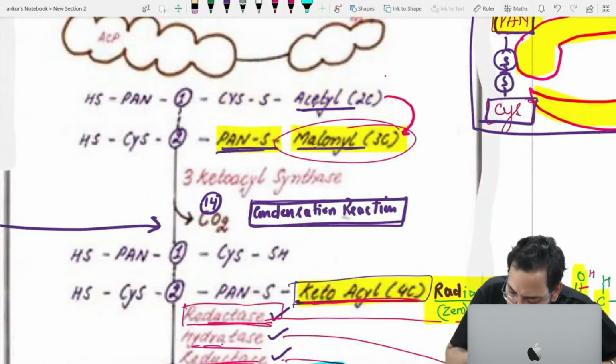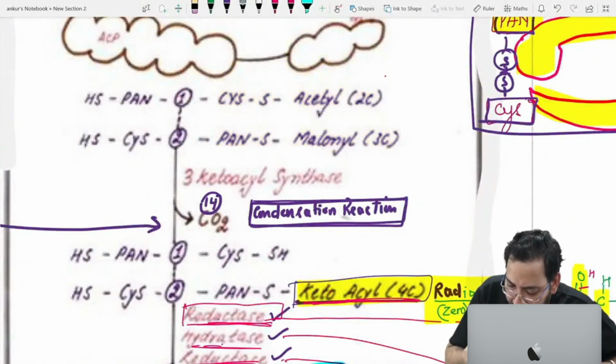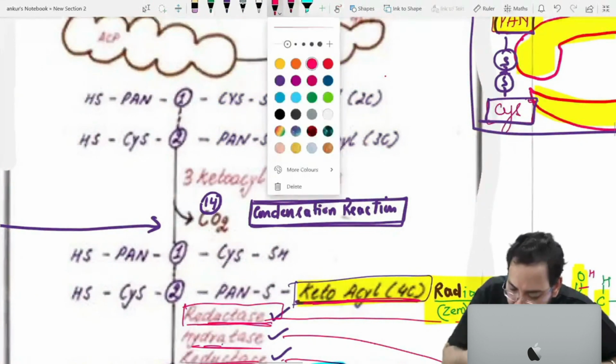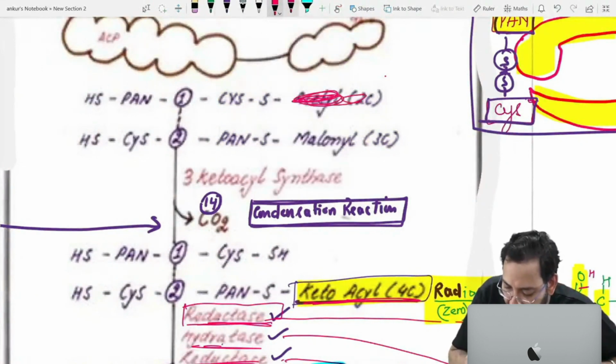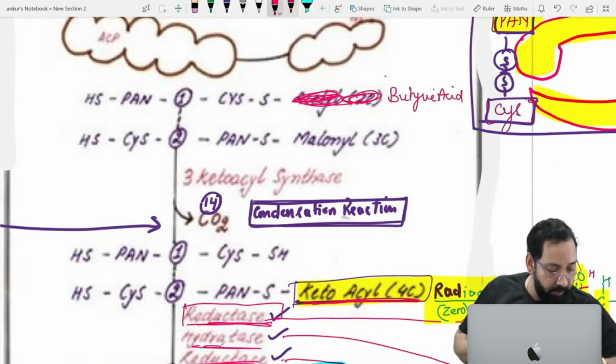Means if I say, okay, forget everything, and if I say this is butyric acid, then what will happen?